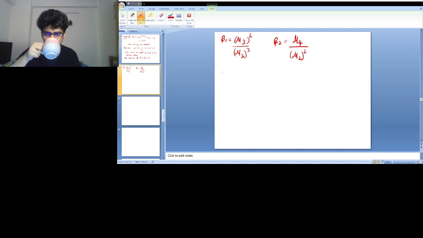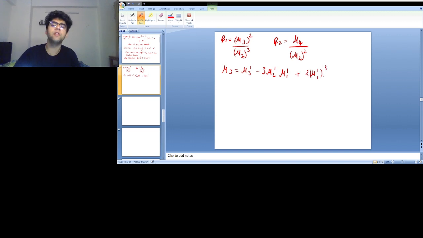Also, let me just write the formula for mu 3. Mu 3 is mu 3 dash, the third moment with respect to the origin, minus 3 times the second moment with respect to the origin times the first moment with respect to the origin, plus 2 times mu 1 dash whole cube, the cube of the first moment with respect to the origin. This is mu 3.